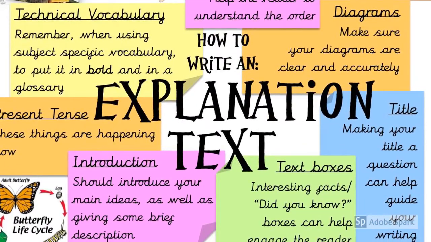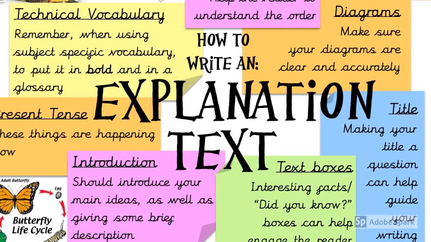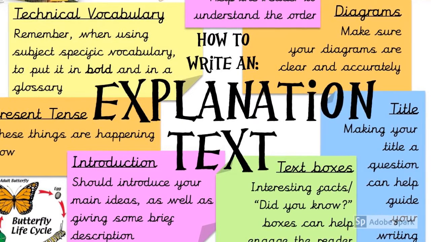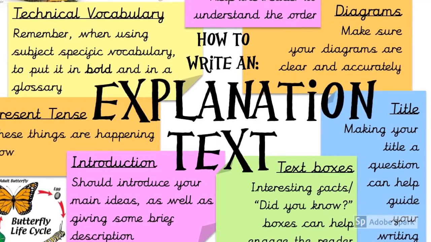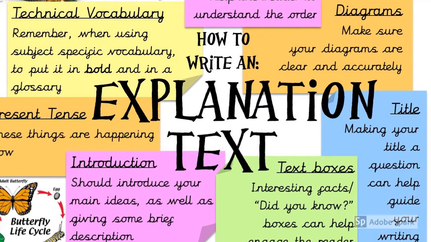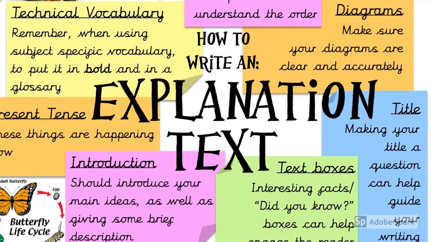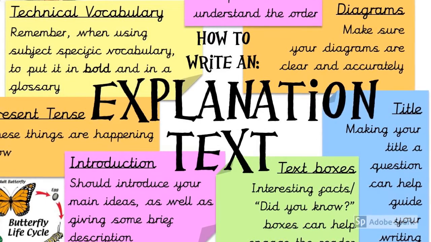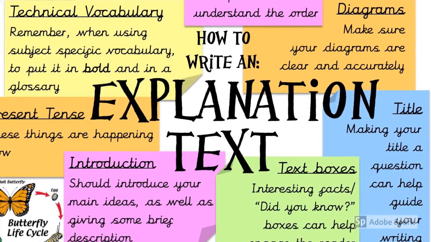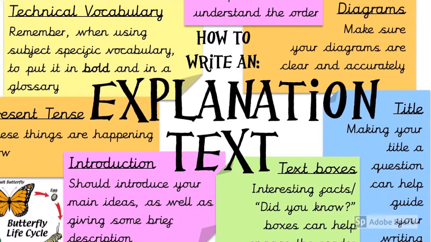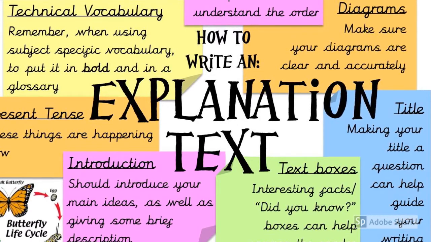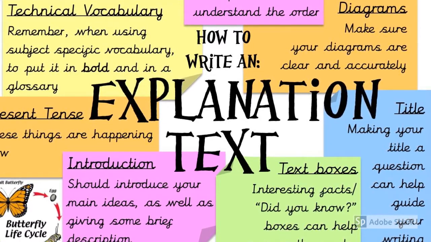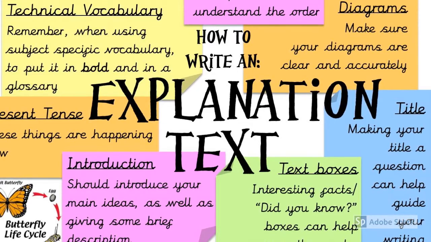Again, going over some of the features, we've also got time conjunctions that help the reader to understand the order. We use technical vocabulary that's significant to what we are reading about, diagrams and pictures that are accurately written and explained. We use an introduction, we have a title, it's written in the present tense, and we also use text boxes like a did you know or an interesting fact box to help engage the reader.